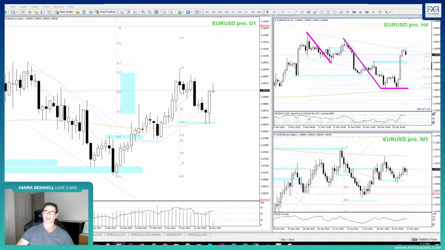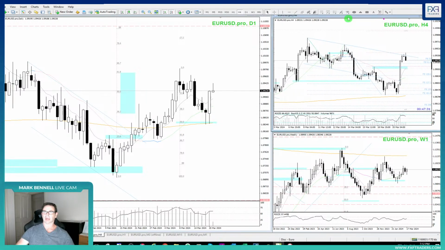AB, that's A, B leg here, and this is CD leg here. So AB by 1.618, look right to it. You can't make this stuff up. This is what I often say. You can't make this up.